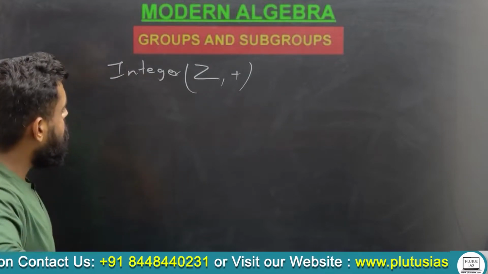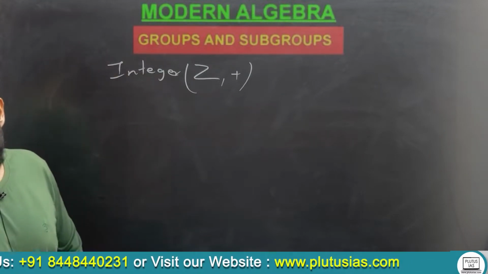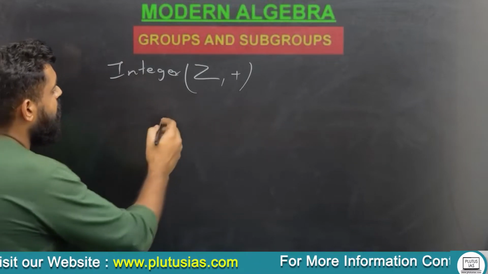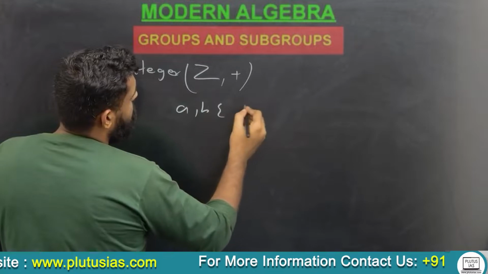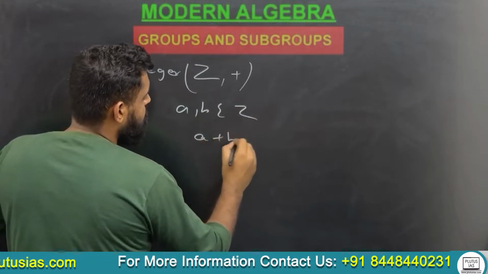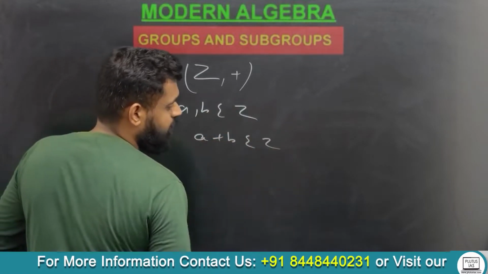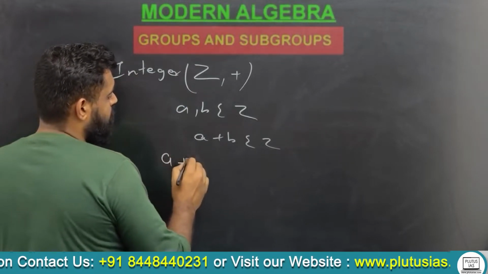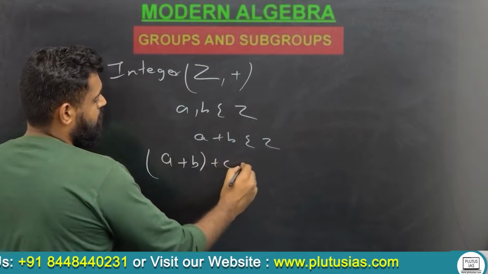Firstly, closure: if A, B belong to the integers, then their sum is also an integer. We also know that the associative property holds here.